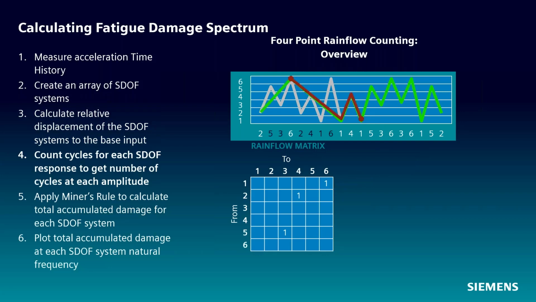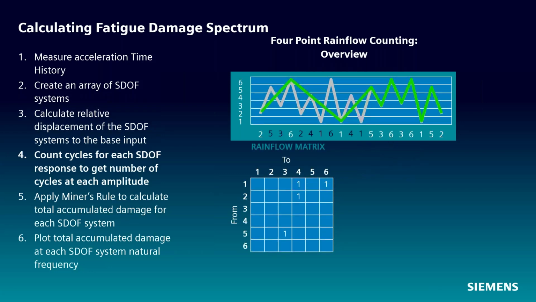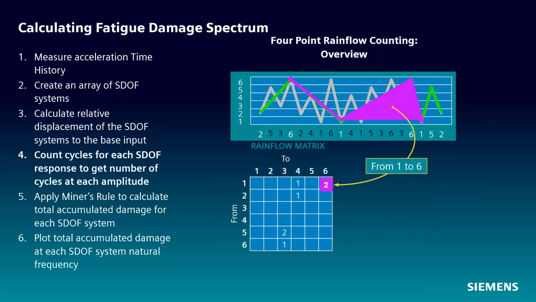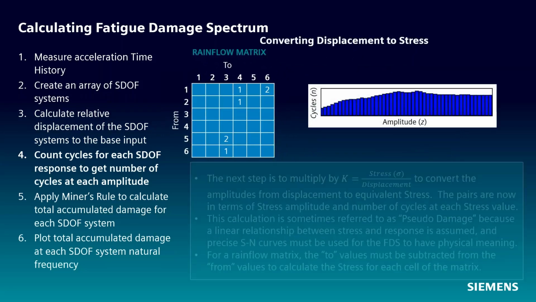No cycle here. Yes, a cycle here. Is this a cycle? No. Is this a cycle? No. Is this a cycle? Yes. Just keep going along here, finding cycles and recording that in our rain flow matrix until we have counted all of the cycles.